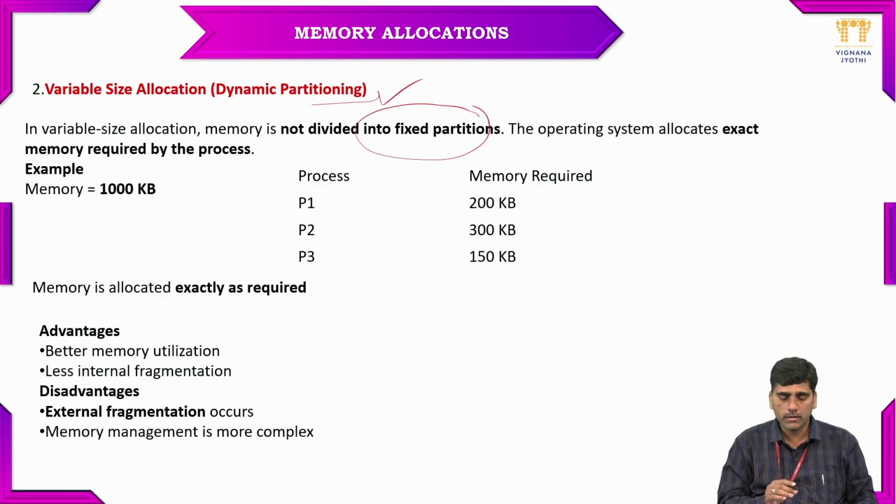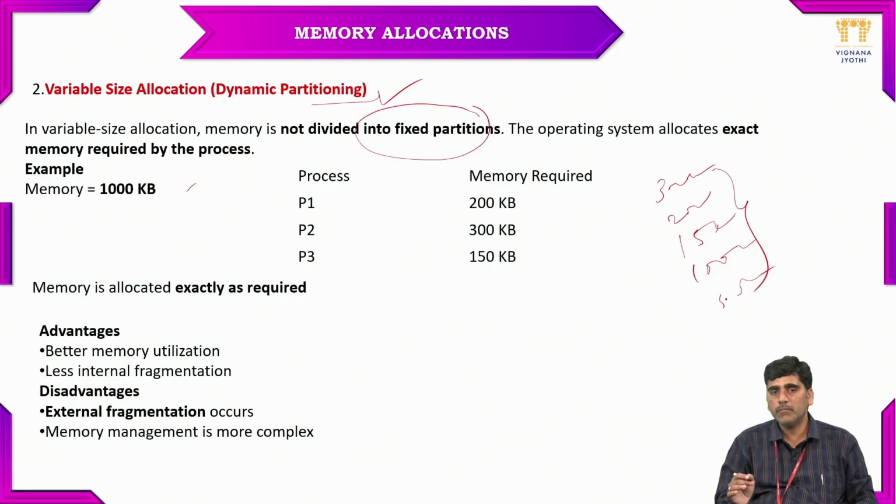So the 1000 KB can be divided into any number of blocks. Suppose we take 5 or 6 blocks, we can take block sizes of 300 KB, 200 KB, 150 KB, 100 KB, 50 KB. Like that, you can divide into any number of variable sized blocks.